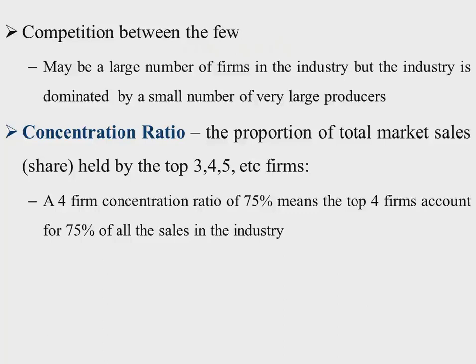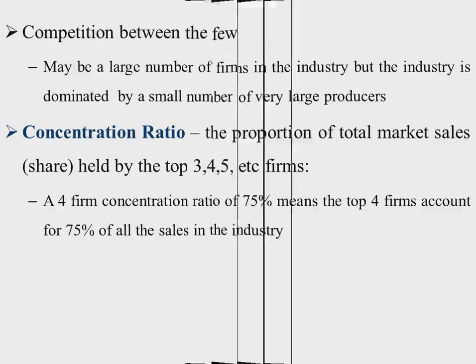So if you are given, say, 5 firms and then you are told to find the concentration ratio, you will get the total sales and then get the percentage, and that percentage would mean the share of those firms from all the sales in the industry.